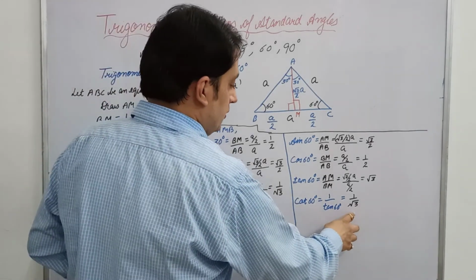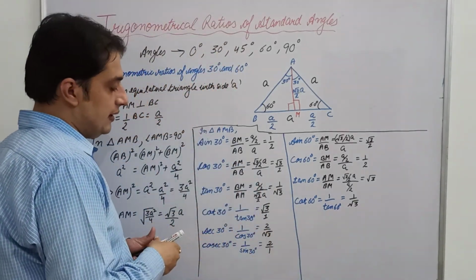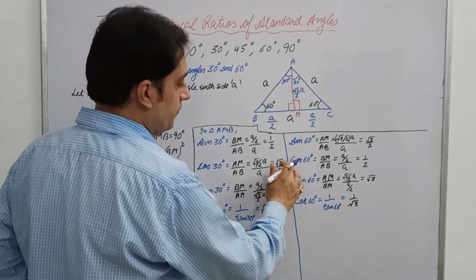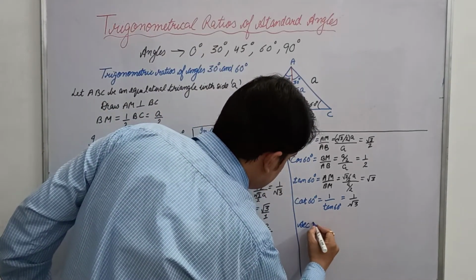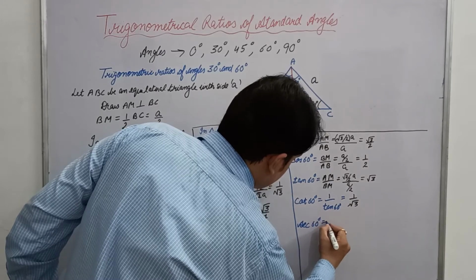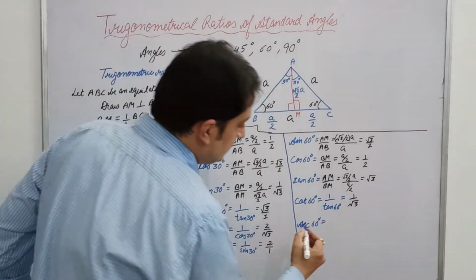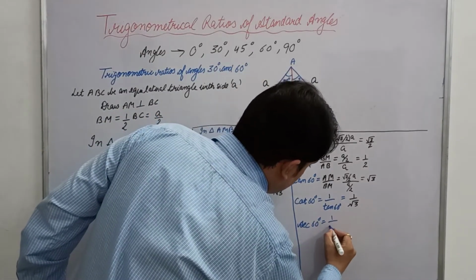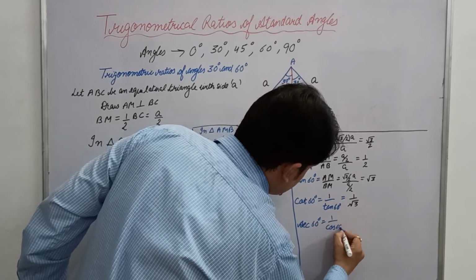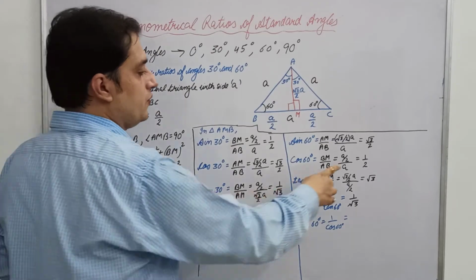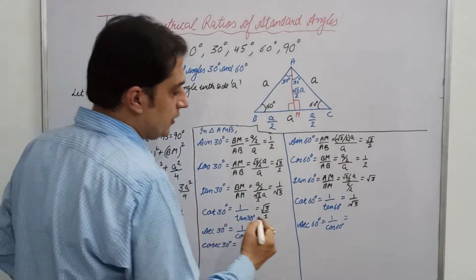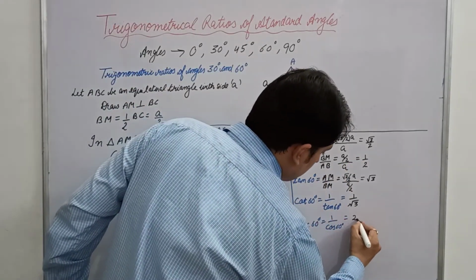Next is the reciprocal of cos, that is secant of angle 60 degree, which is 1 by cos 60 degree. So you know the value of cos 60 degree, base by hypotenuse, that is 1 by 2. Now you can calculate the value, that is 2 by 1.